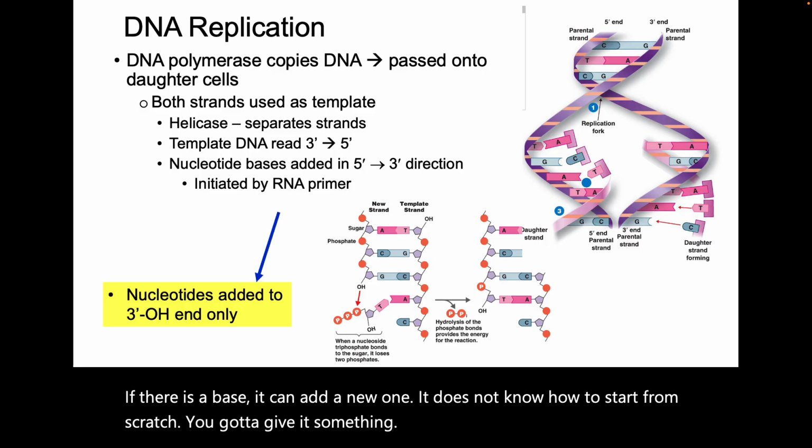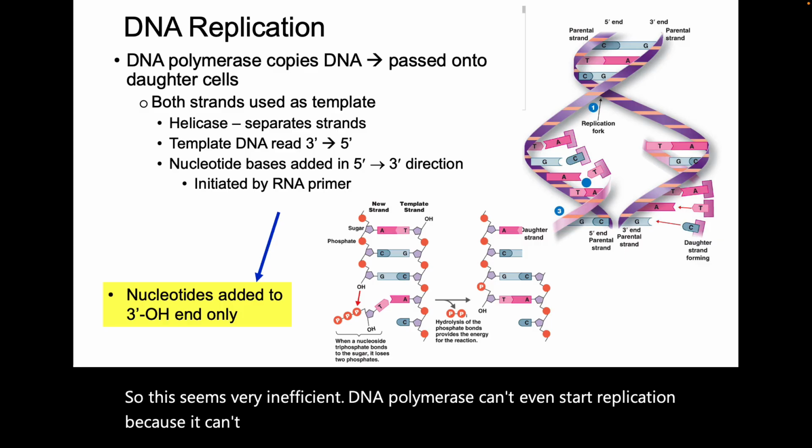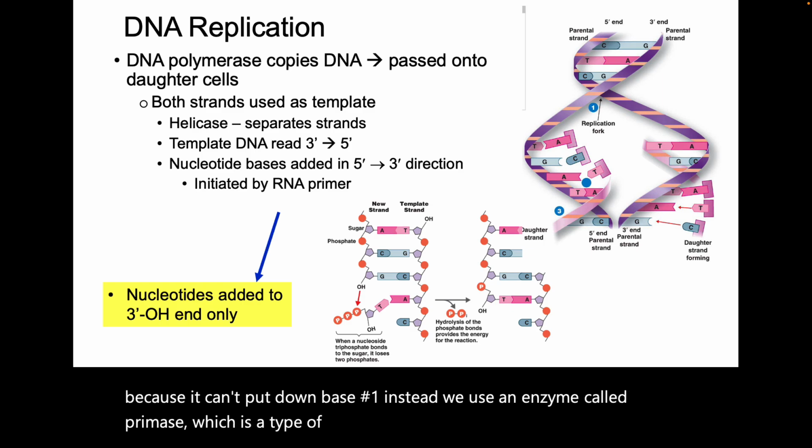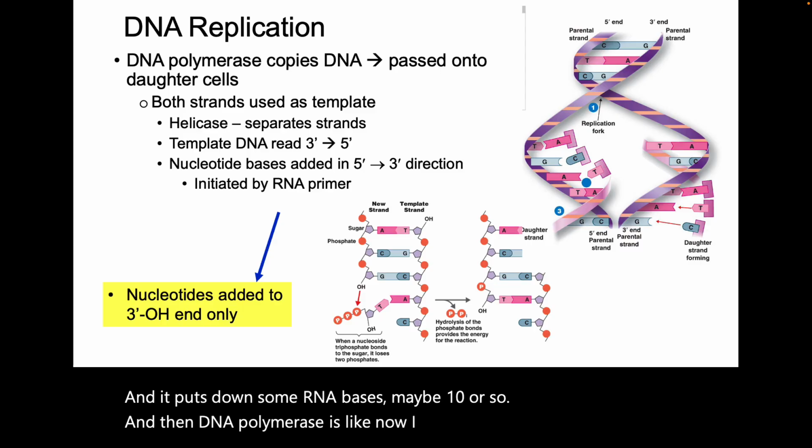So this seems very inefficient. DNA polymerase can't even start replication because it can't put down base number 1. Instead, we use an enzyme called primase, which is a type of RNA polymerase. And it puts down some RNA bases, maybe 10 or so. And then DNA polymerase is like, oh, now I know what to do.